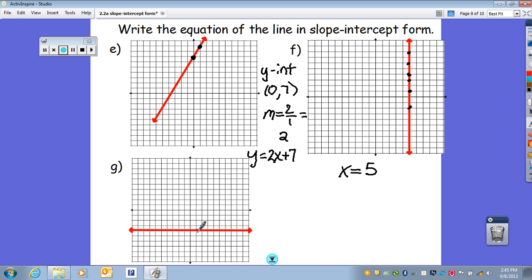But what we do know is no matter where I pick a point on this particular line, my y value is always the same. It's at negative 4. So when we write the equation of a horizontal line, it will always be the pattern y equals and then the value, negative 4.